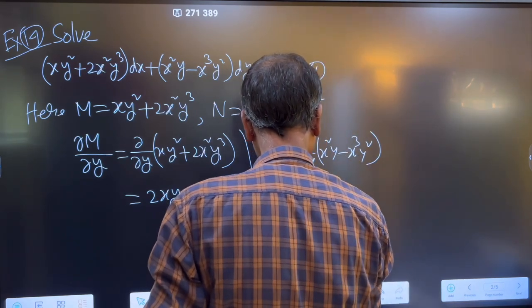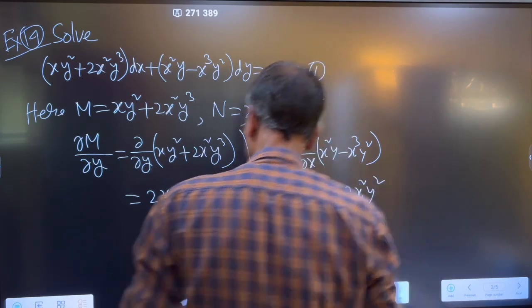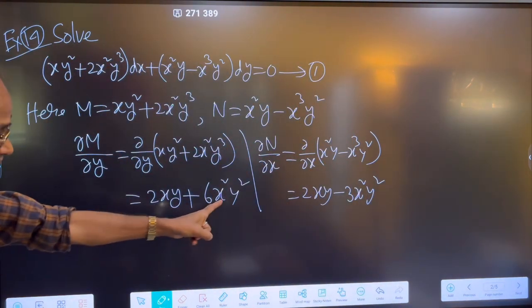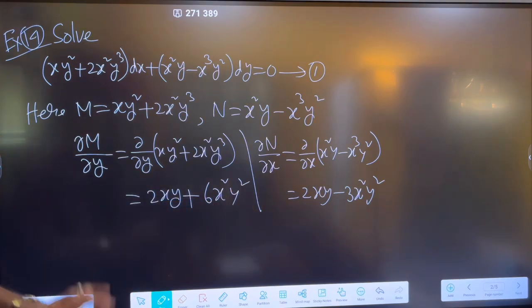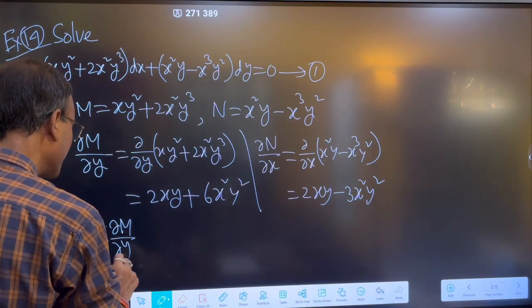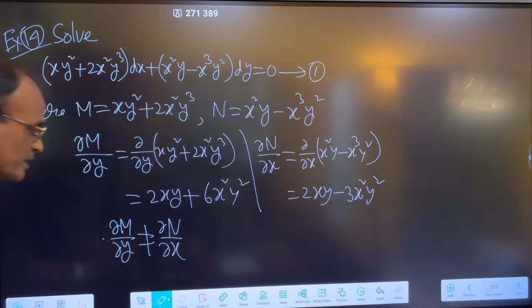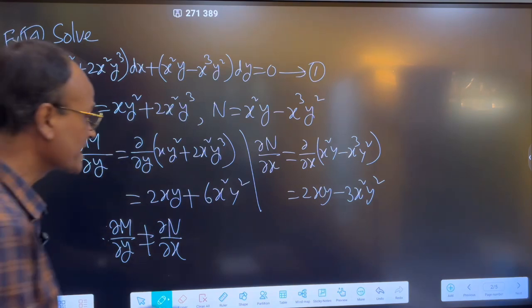This is equal to twice xy minus thrice x square y square. Therefore, del M by del y is not equal to del N by del x. Therefore, 1 is not exact.